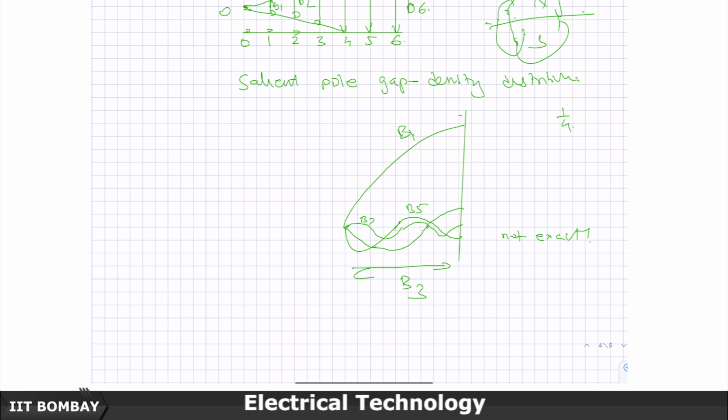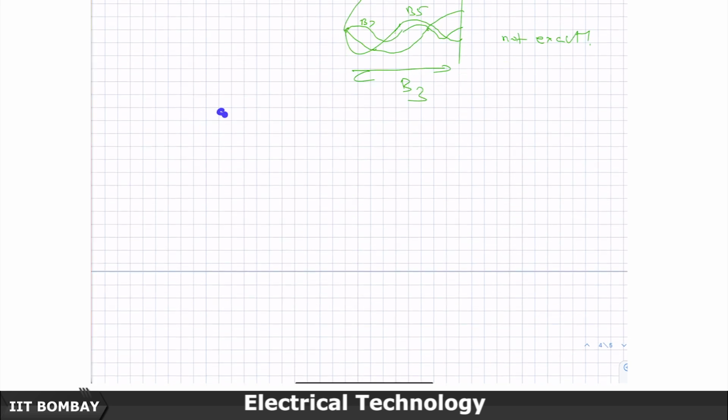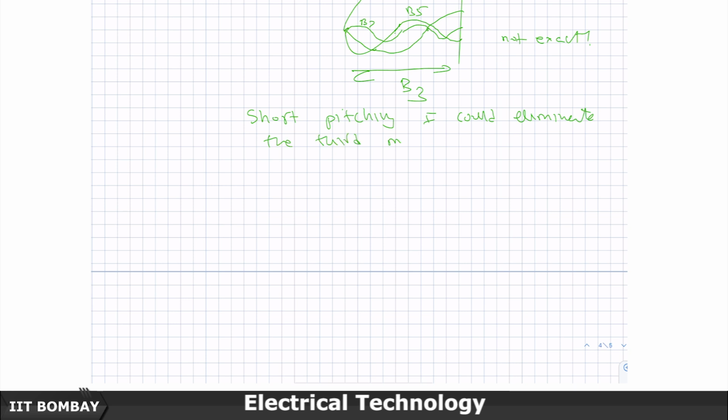But if, for example, I could eliminate the third harmonic by short pitching, which is what I am now going to discuss with you, that is much better, and it should usually help for the fifth harmonic and so on.